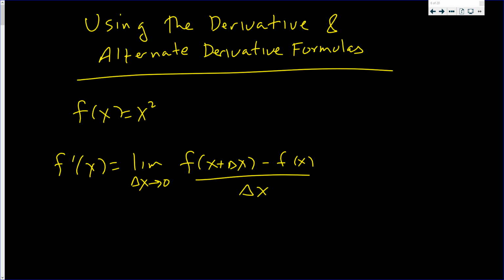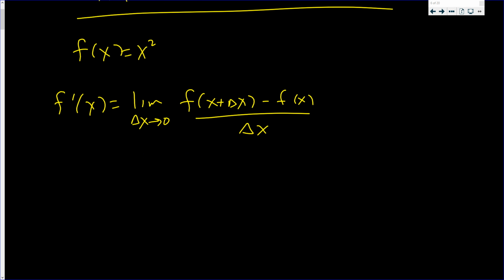And it's all algebra with two exceptions. I'm going to keep writing limit a lot, and in the end, I'm going to replace delta x with 0. Now, just for the record, if I replace delta x with 0 right now, x plus 0 is x, so I get f of x minus f of x over 0.